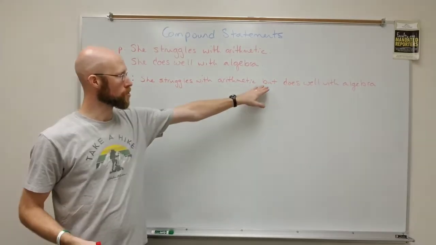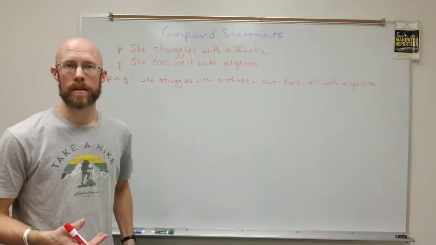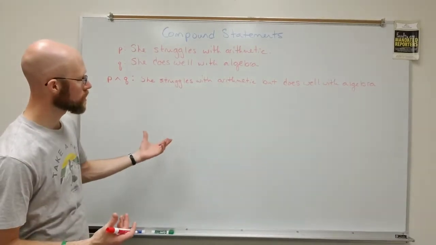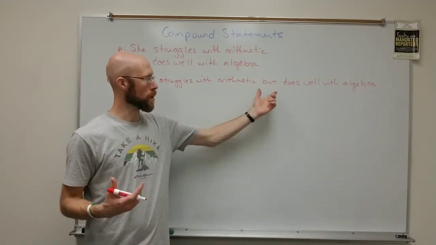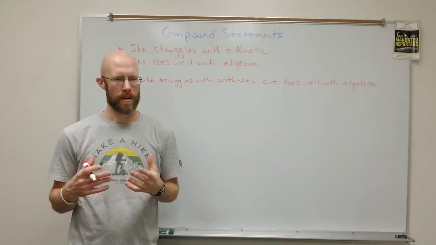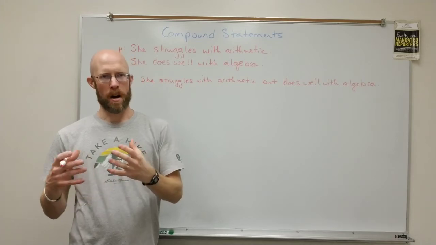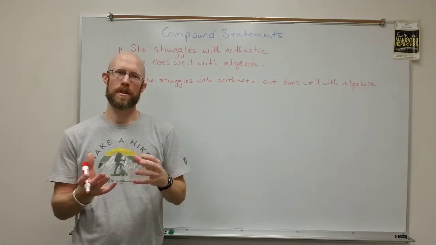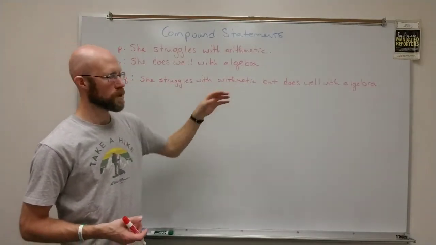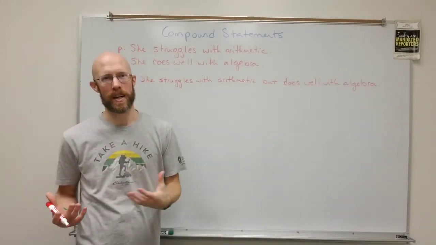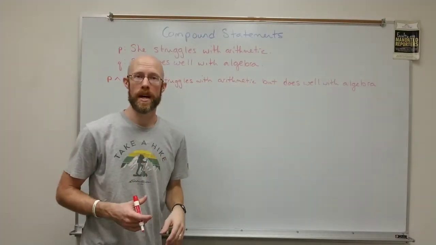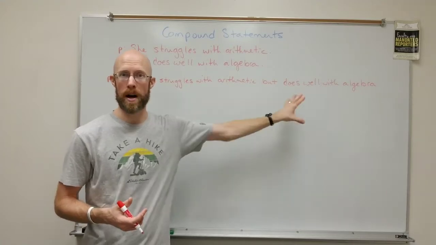The reason I didn't use the word and, I used the word but. They can both be used for a conjunction interchangeably, but oftentimes we use the word but when you transition from a more positive statement to a more negative statement in some sense. And so here, she struggles with arithmetic is kind of a negative thing, but she does well with algebra flips that sentiment to a more positive statement.